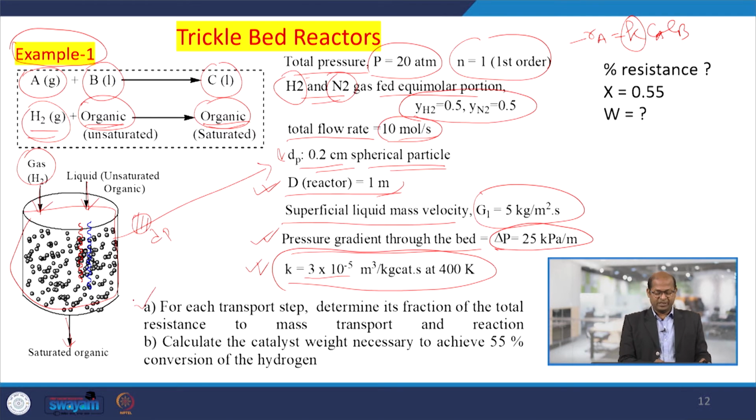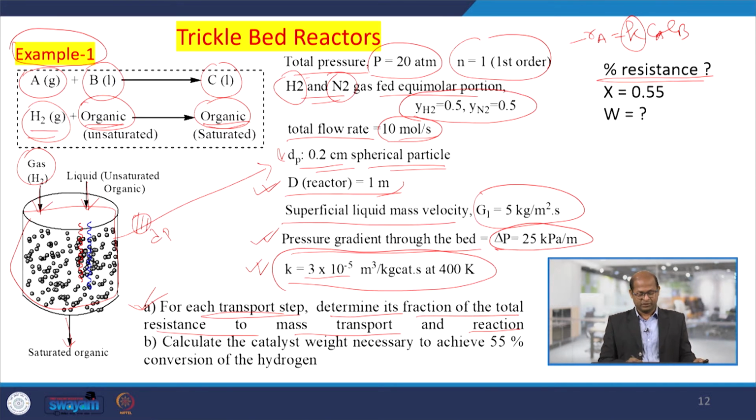Now we have to find, for each transport step, its fraction of the total resistance to mass transport and reaction. So, we have to find the individual resistances, and then the percentage of each individual resistance in the total resistance.